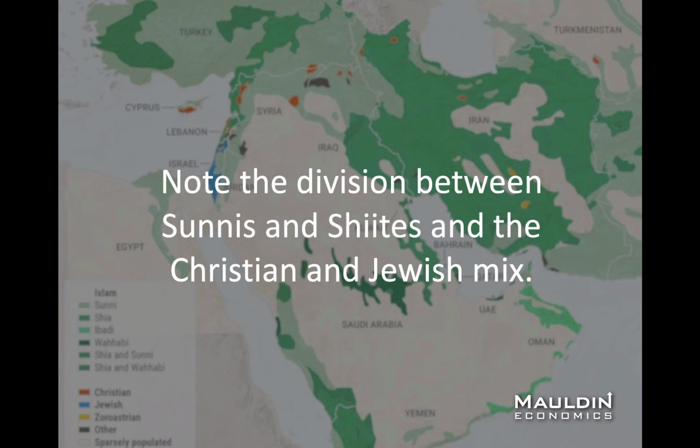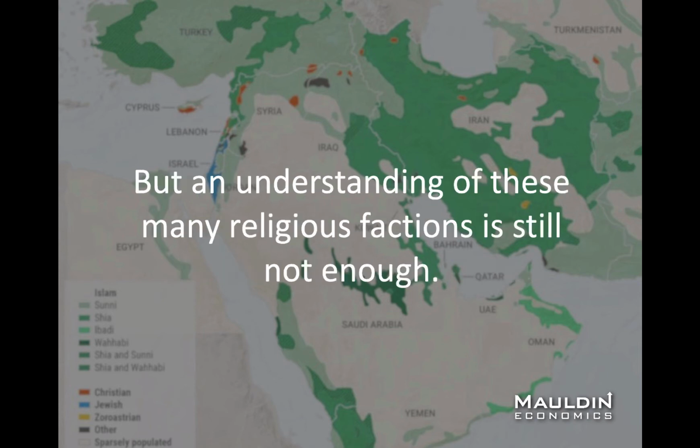Christians and Jews clearly have different understandings, although the underpinning for both Christianity and Judaism in the Old Testament is roughly the same. But there are many religious factions here, and you have to go beyond those religious factions as political factions as well.